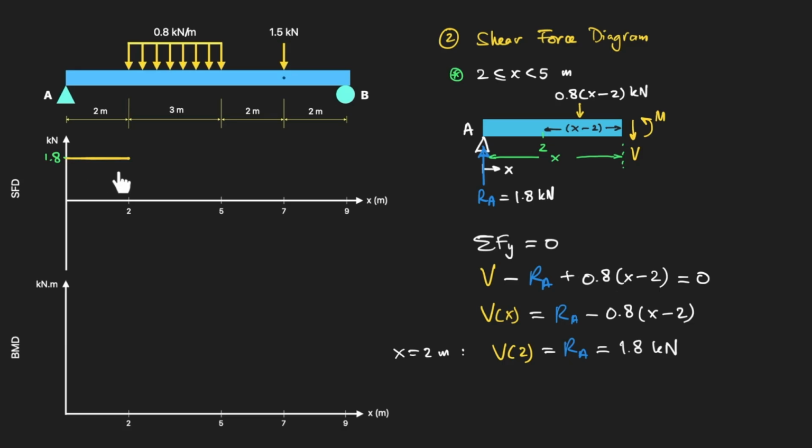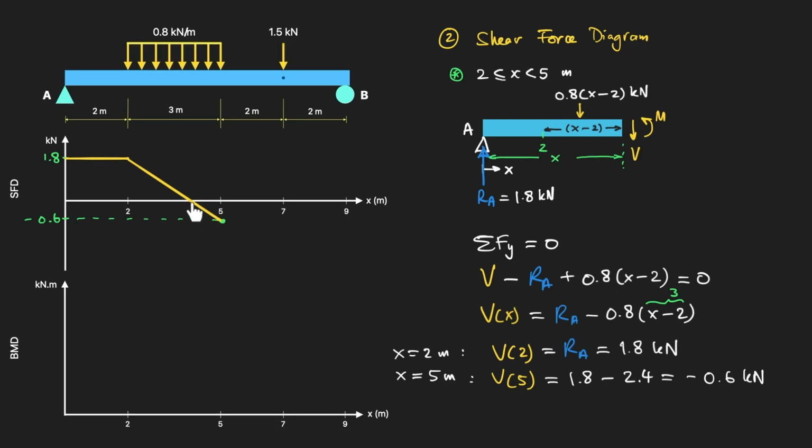So the graph will start at the same 1.8 kilonewtons. And at x equals 5 meters, this term becomes 2.4. That's 1.8 minus 2.4, which is minus 0.6 kilonewtons. Let's put this value in the graph, where at 5 meters it is negative 0.6 kilonewtons, and the shear falls in a straight line between those two values.